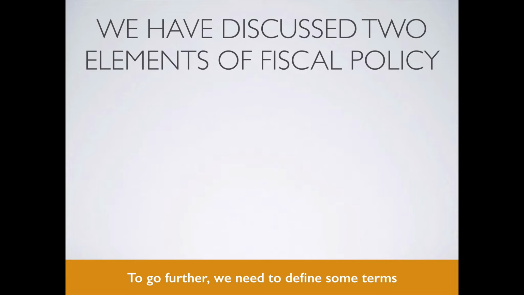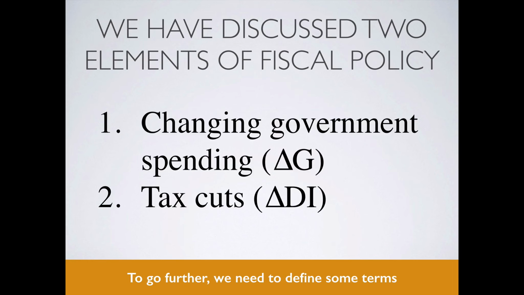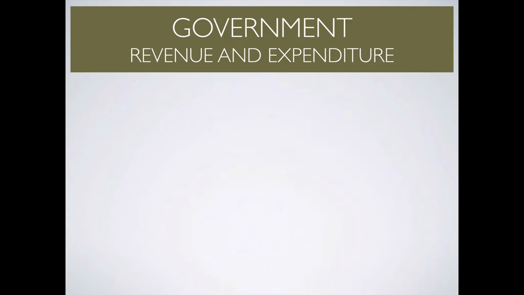So far we've discussed two elements of fiscal policy. All right. These are, number one, changing government spending, delta G, and number two, tax cuts. Okay, that's delta DI, a change in disposable income. To go further, we need to define some more terms. So let's talk about government revenue and expenditure.